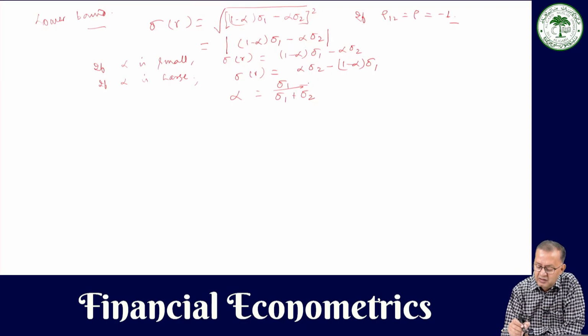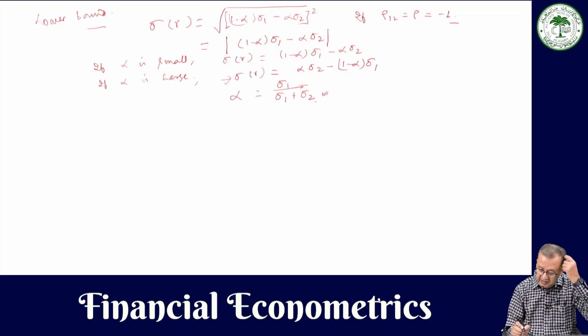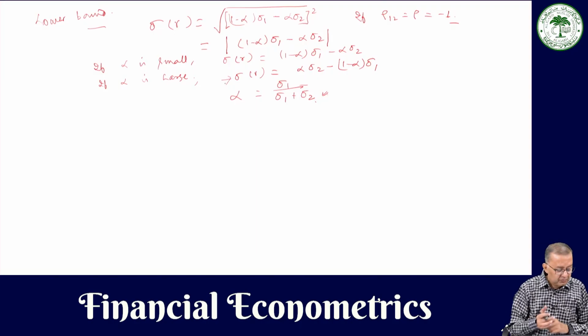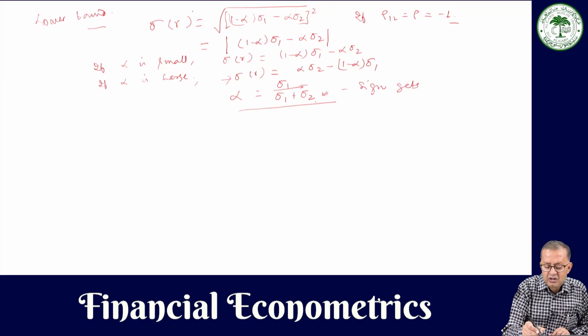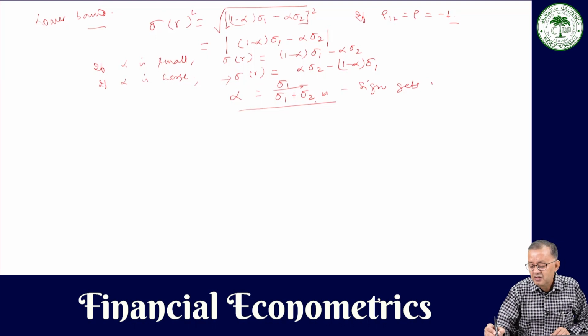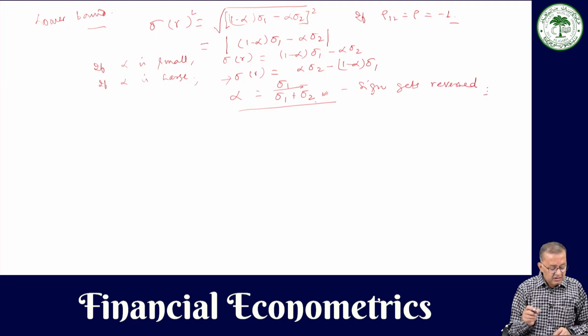It is only when alpha is equal to this much or greater than this much that we get this situation. So the sign is being reversed beyond this limit. We are talking about the lower bound, the sign gets reversed.